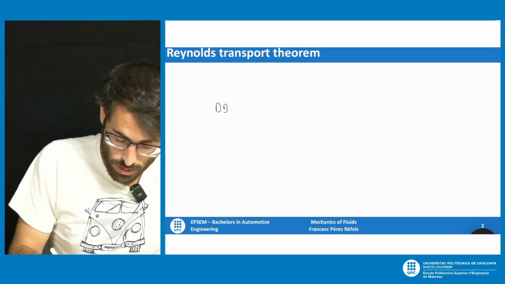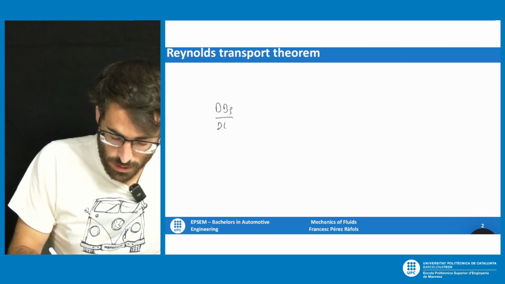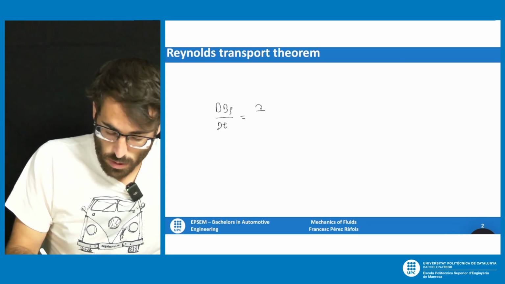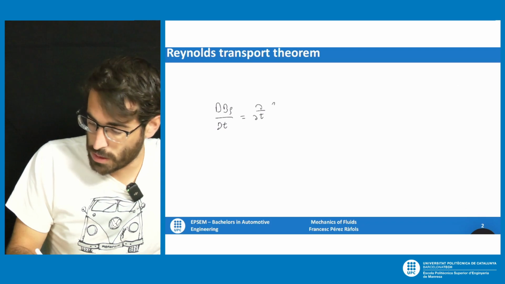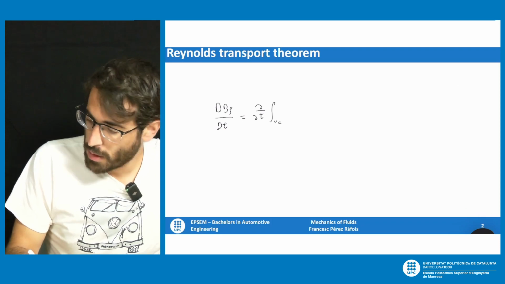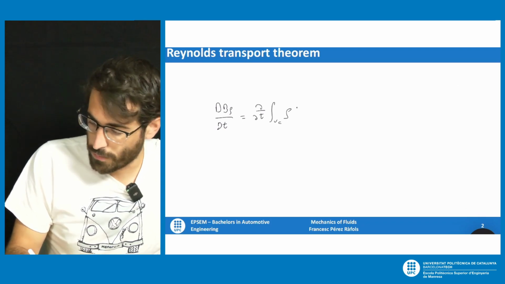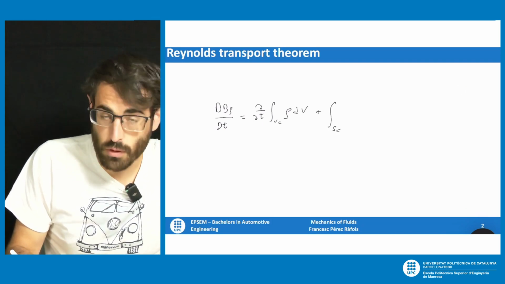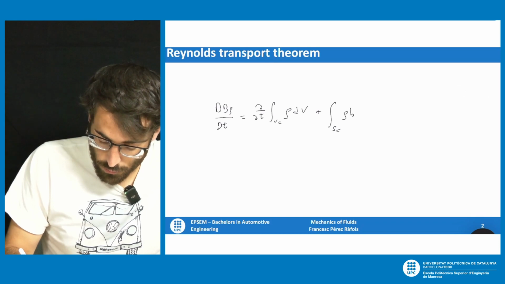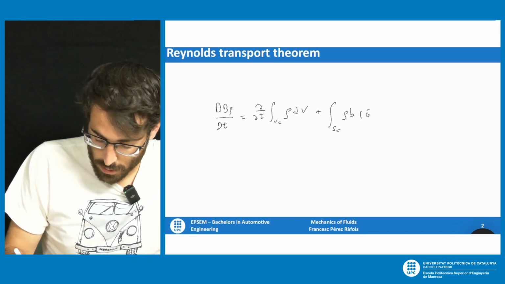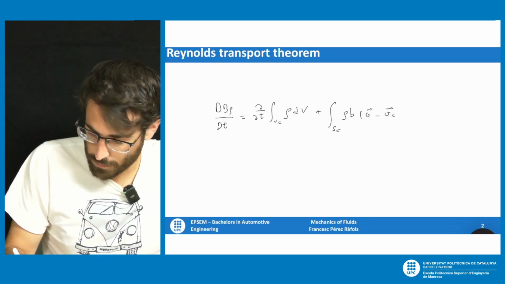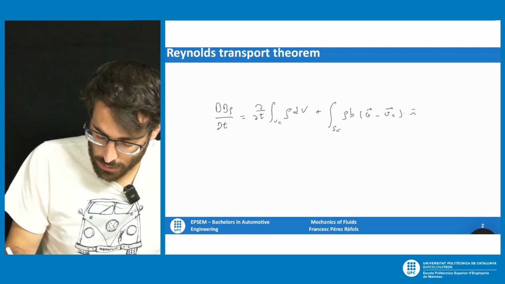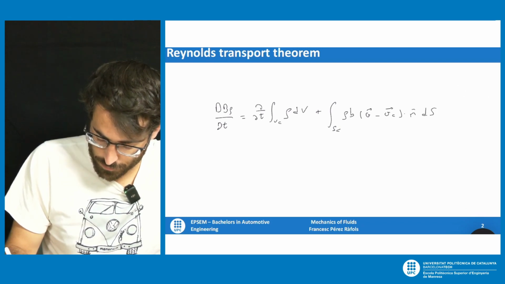It reads dBf/dt is equal to the partial with respect to t of the integral over a control volume of rho b dV, plus the integral over the control surface of rho b, and then (v minus vc) dot n dS. Okay.